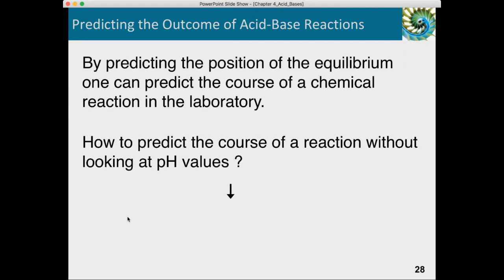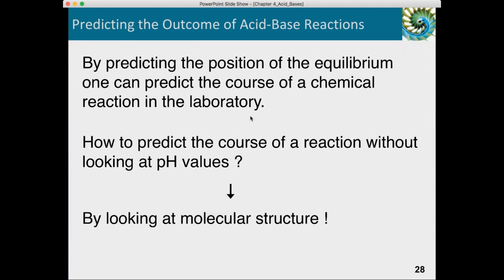However, there might be cases in which you might not need to have the pKa's to make that decision. So how else can we determine the course of a reaction if we don't have pKa values? An answer in some of these cases is by looking at the molecular structure.